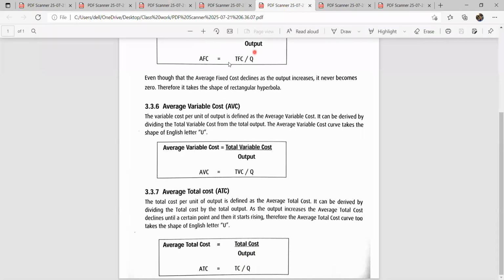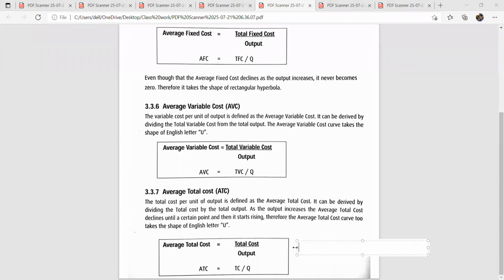If not, we can use another formula, AC, average cost equals AFC plus AVC. Simply a combination of average fixed cost and average variable cost, what we discussed a short while ago, can be added together to calculate average cost. So the total cost per unit of output is defined as average total cost.